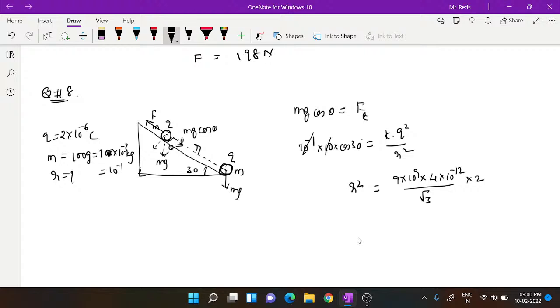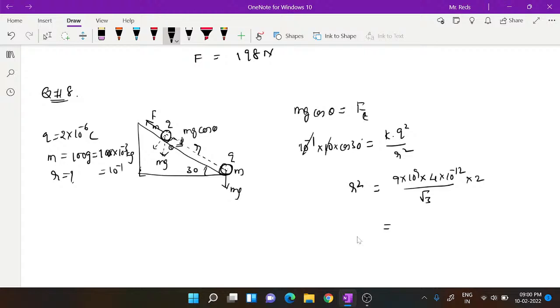Okay. Now on simplifying this further, how can you write? Here it is approximately 4 into 2, 8. This 9 can be expressed as 3 into 3, and one 3 can be expressed as root 3 into root 3.